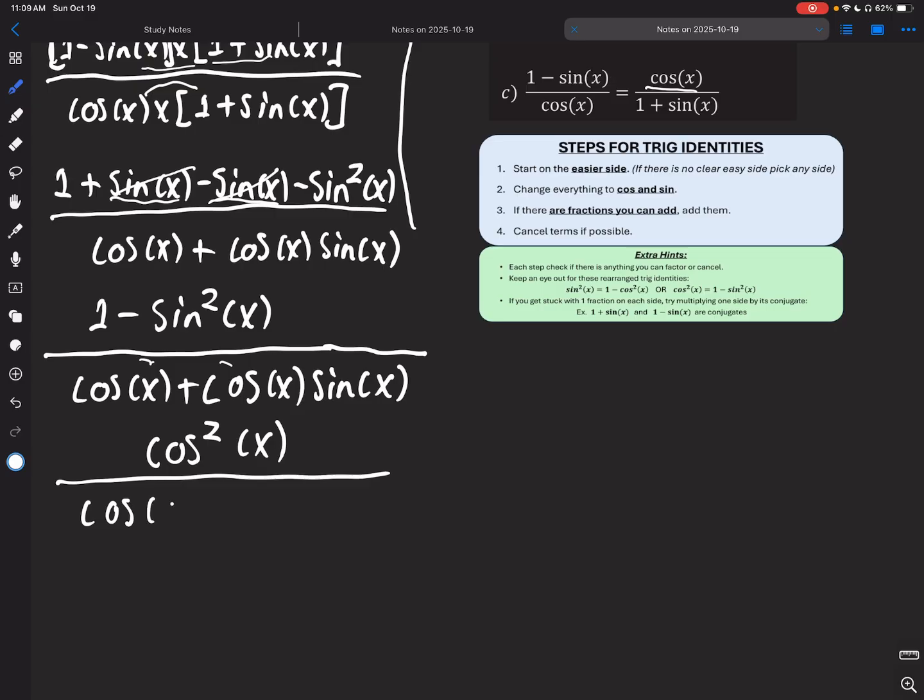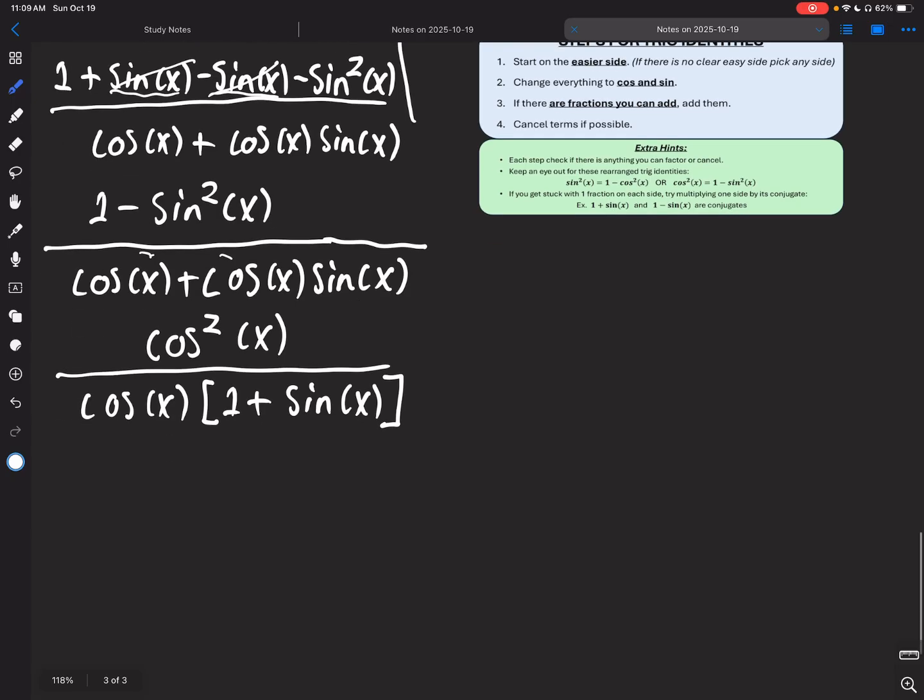So if we try factoring out that cos x, we're back to just cos x times (1 + sin x). Well, here, if we look, we have cos squared x on top, and cos x on the bottom. Well, we can cancel one of this cos squared with that cos. So we'll just be left with cos x over (1 + sin x).